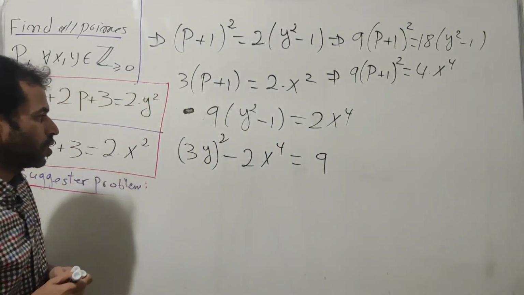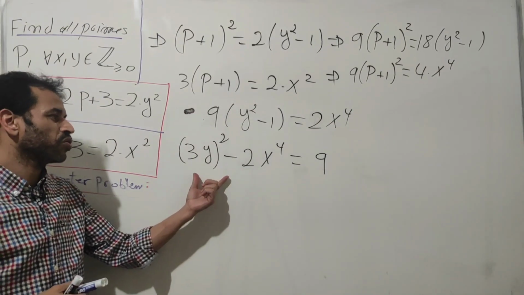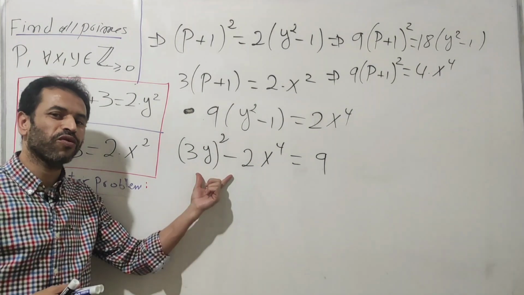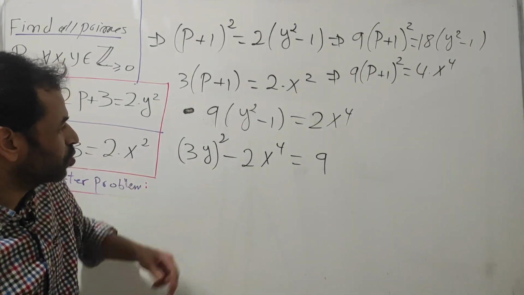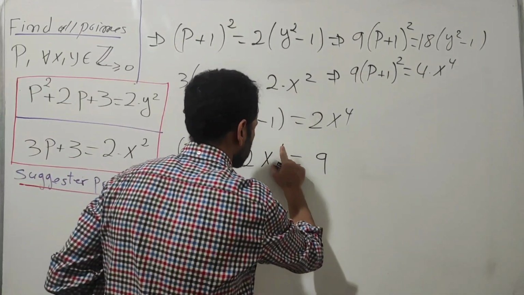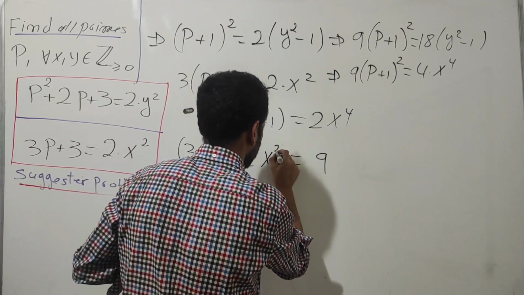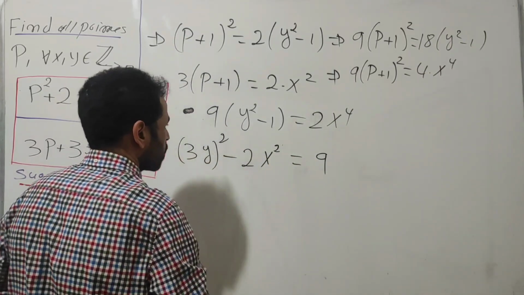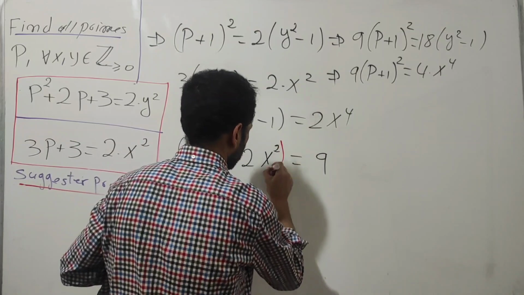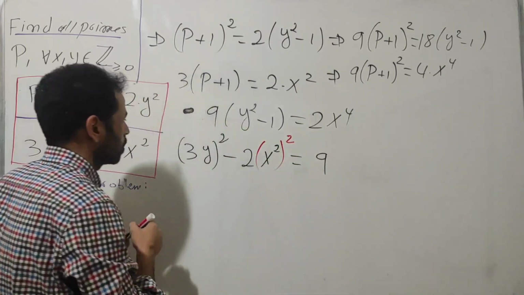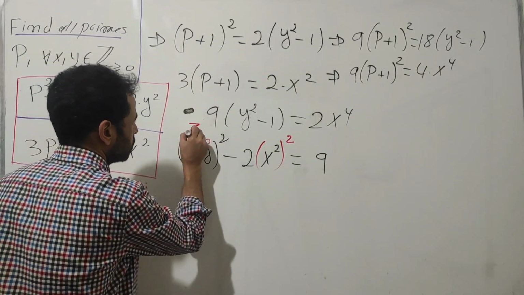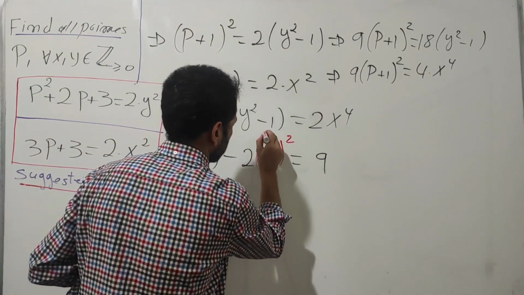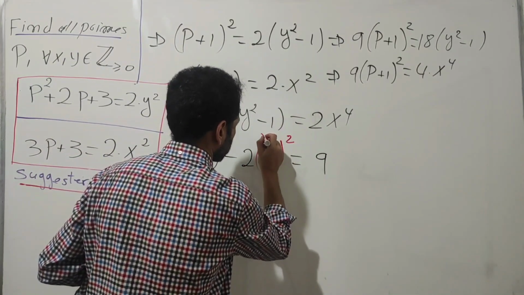If you take a look carefully here, this one is almost written in the form of Pell's equation. So what to do here: I'm going to transform this one into Pell's equation. Let's put this one in this form, then square this one like this, then take this one as a substitution z, and replace this one with w.